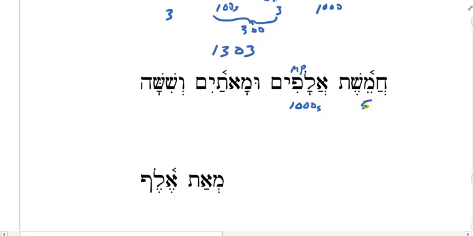Well, clearly 5 thousands. Notice alafim is masculine. The number 5 is between 3 and 10, so it's a gender disagreement noun. So I got to use the feminine singular form, and here it's in the construct as well. Chamisha becomes chameshet in the feminine singular construct. So 5 sets of 1,000.